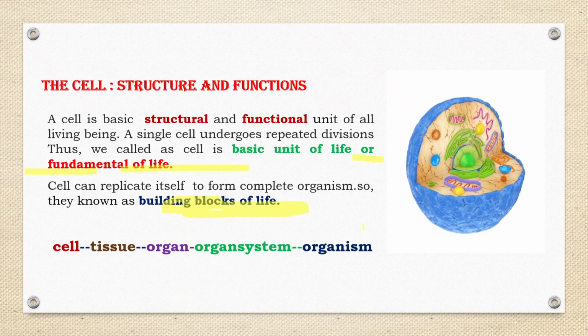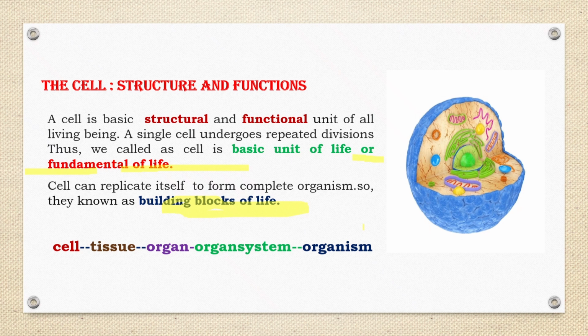And the question comes, why is cell called the basic unit of life or fundamental unit of life? As I told you, the cell is the smallest part of a living thing which carries out all the life processes.